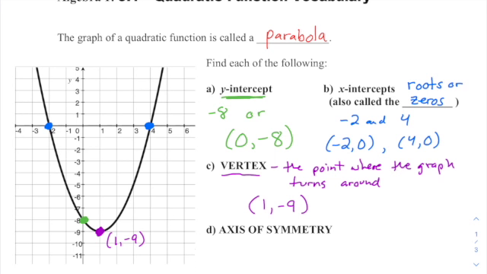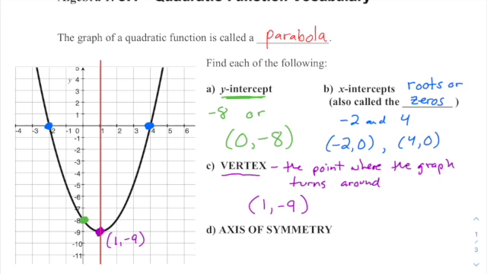And you see symmetry means like a mirror image, being the same, being symmetric. If you draw a vertical line right down the middle, right through that vertex, that's where it's going to split the graph into 2 equal halves, and everything is like a reflection across that. Everything's like a mirror image. This whole side reflects onto this side. So that line that goes right down the middle is what we call the axis of symmetry.